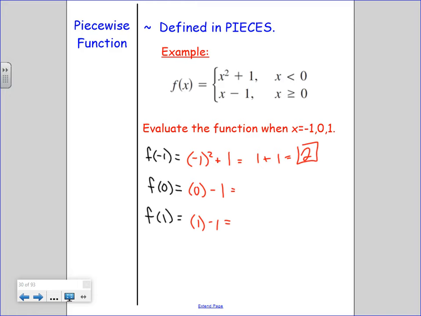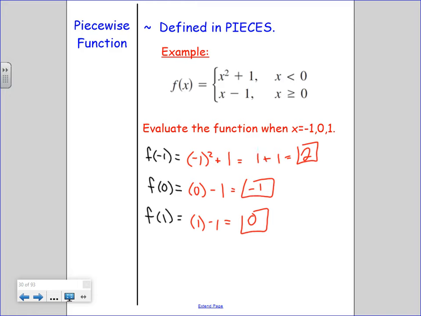So the or equal to 0, it must get plugged into, and I did. 0 minus 1. Right? So I could say, when x is negative 1, y is 2. When x is 0, y is negative 1. And last but not least, when x is 1, has to be plugged into the greater than 0. Plug it in, the y value is 0.